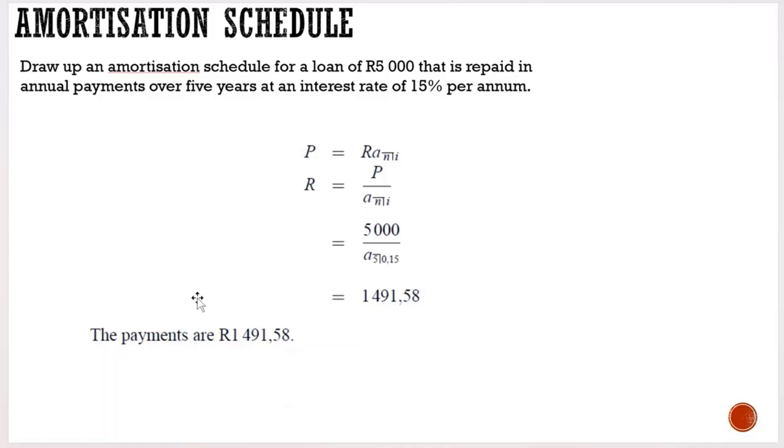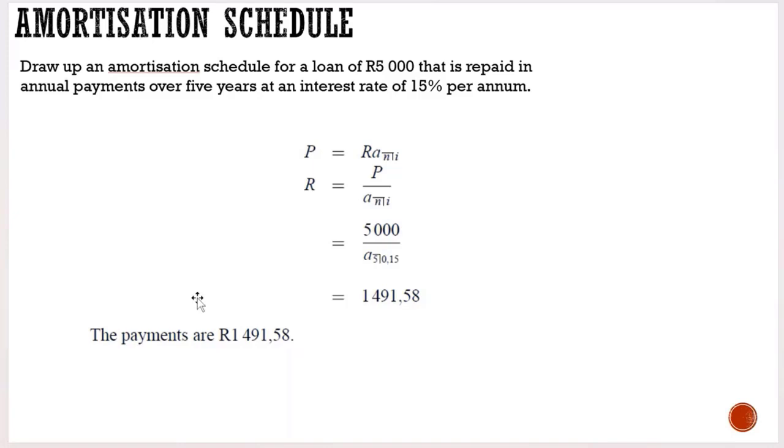I want to show you this one, Calculator Soup. Now let us go through a schedule, because that's where the issues lie. With amortization, let us have this example: you need to draw up an amortization schedule for a loan of 5,000 rand.